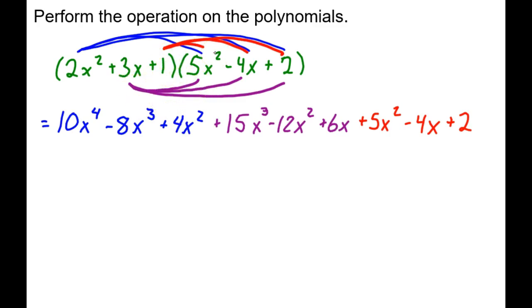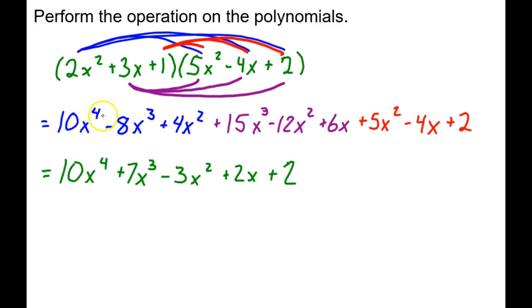Now it's the same type of problem we had previously. Combine any like terms together, and that will be the simplified form. So we only have one x to the fourth term, so we have 2x to the fourth. We have two x cubed terms, so negative 8 plus 15 would get us a positive 7x cubed. Then we have a 4x squared minus 12x squared, negative 8x squared.